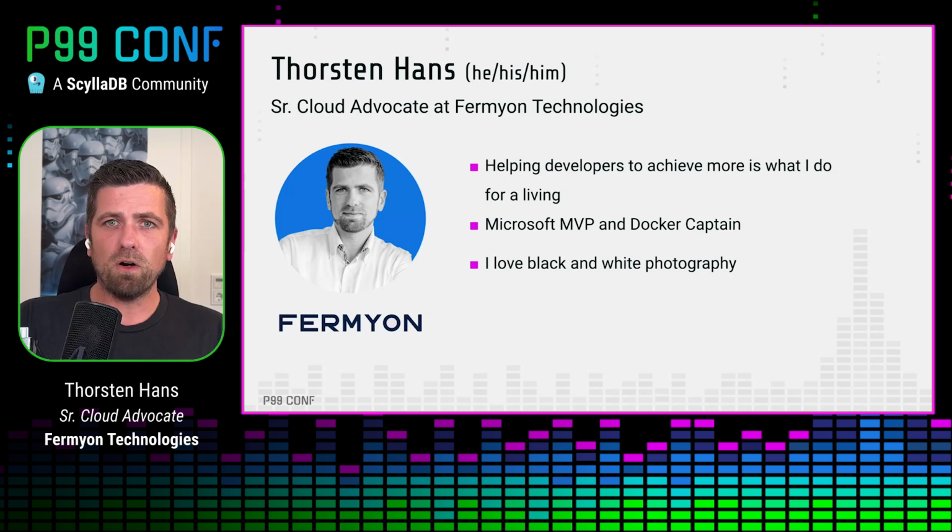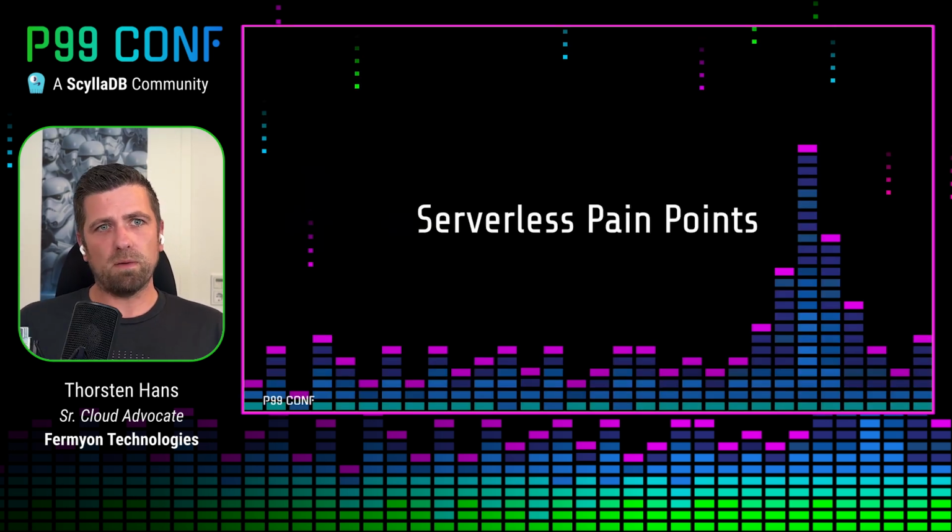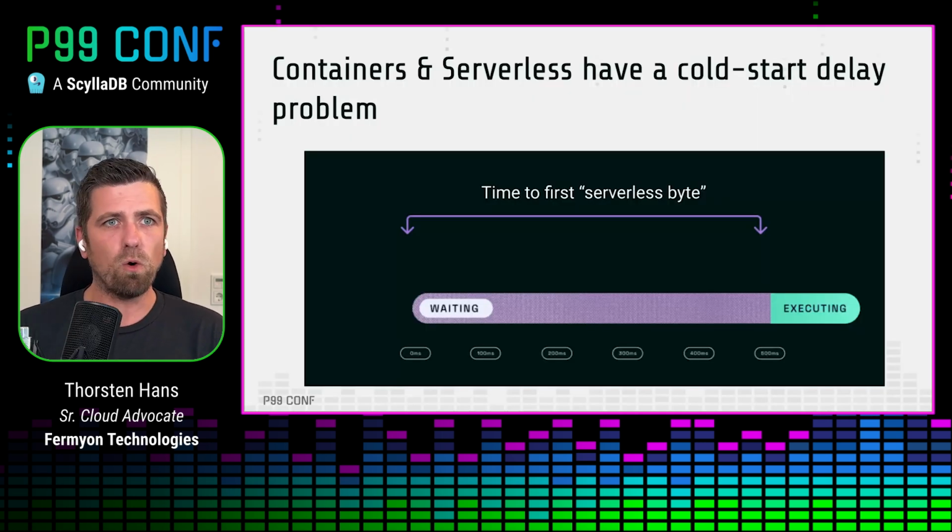For today's talk, I want to start with some serverless pain points. So things that we as developers may have discovered when building serverless applications. And the first thing I want to talk about is the dilemma of slow cold start times, or the cold start delay.